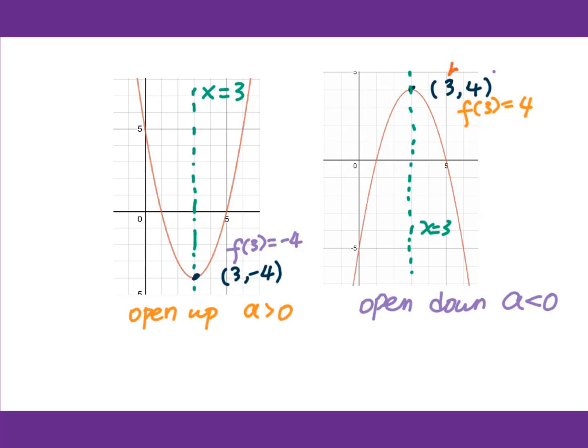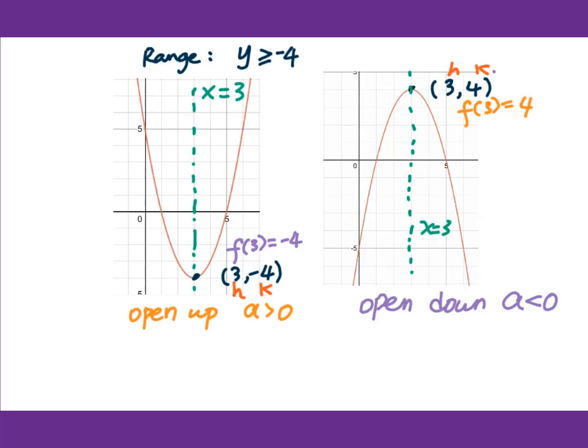This is your h, here's k. H and k. For the range, since for this graph we have a minimum point, that's why we have y greater than or equal to negative 4.